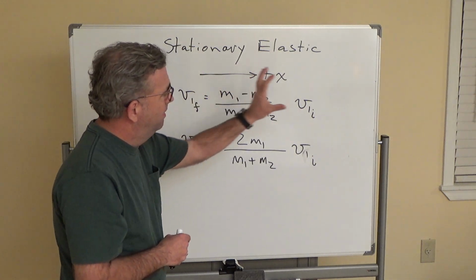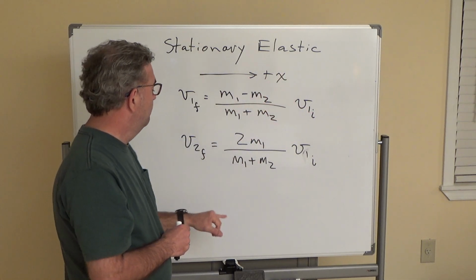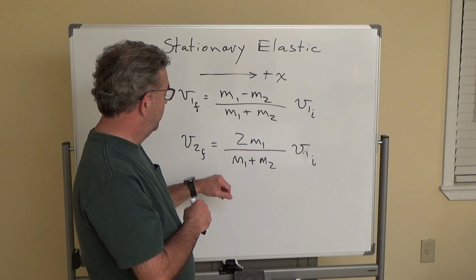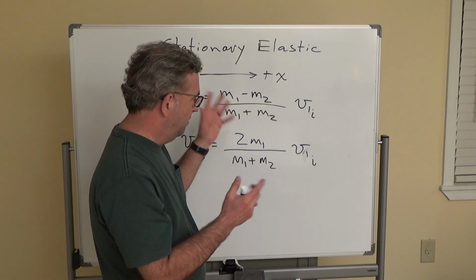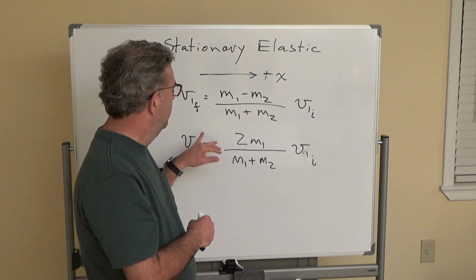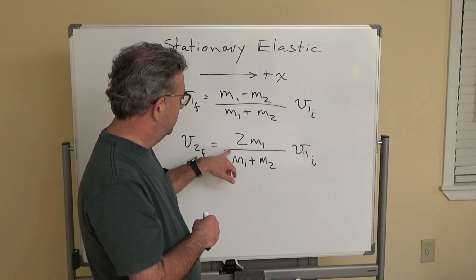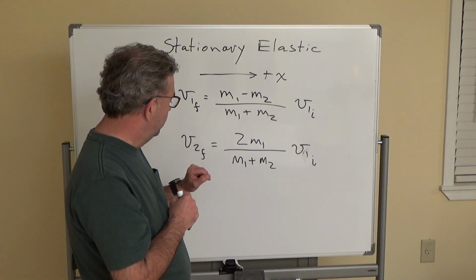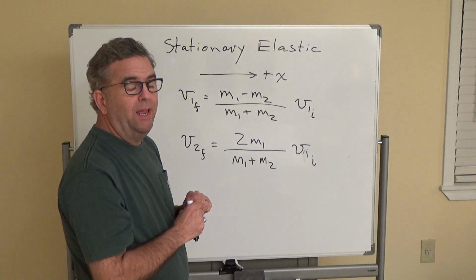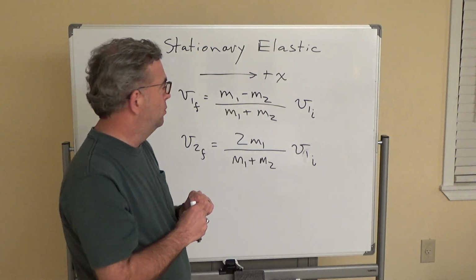We saw that M1 kept going and V2 final was positive as well. I'm not thinking about the magnitudes of the velocities, but you get a positive velocity for V2 final.